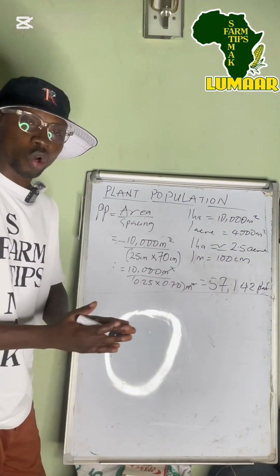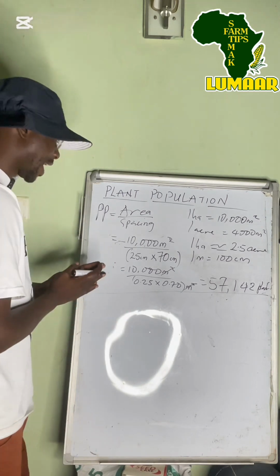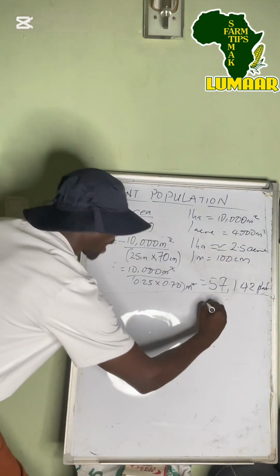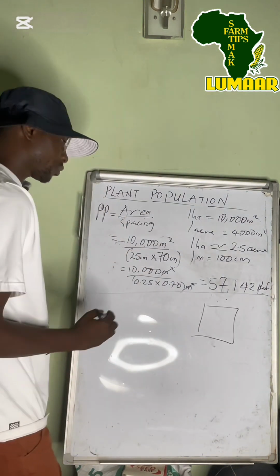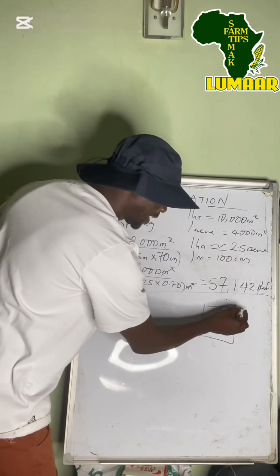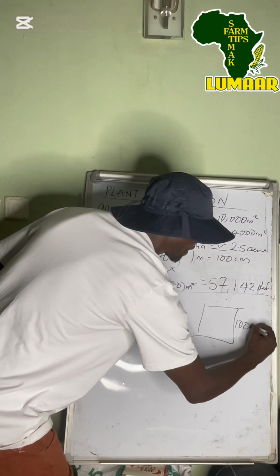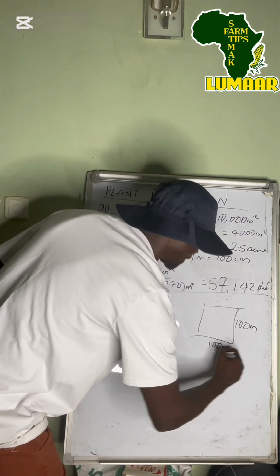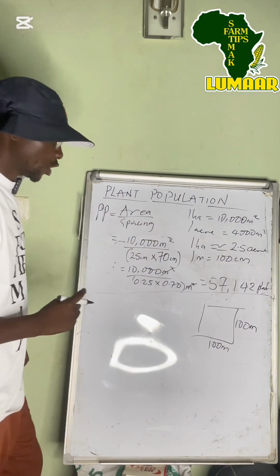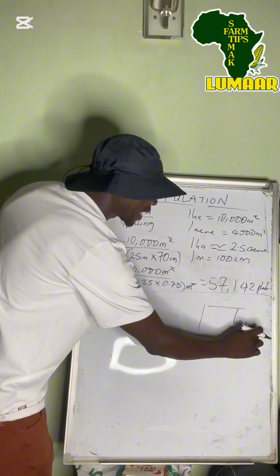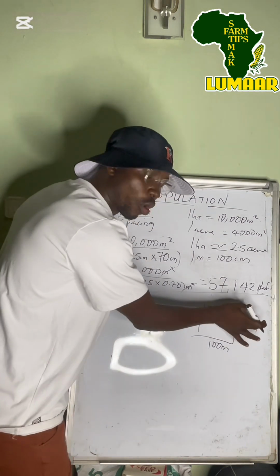The second method that you can use is that, supposing this is my plot, and we say it's 70, and we say 1 hectare is 100 meters by 100 meters. Are we together? So I will say 100 divided by 70 for me to get the number of rows.